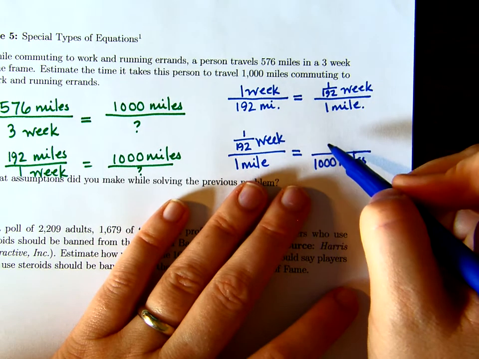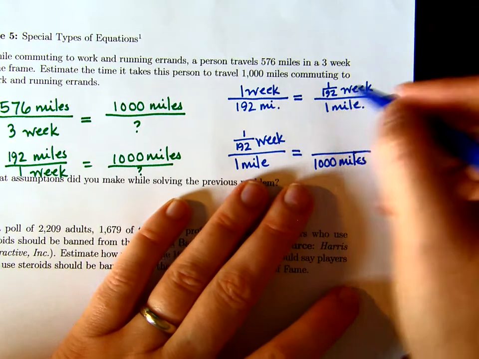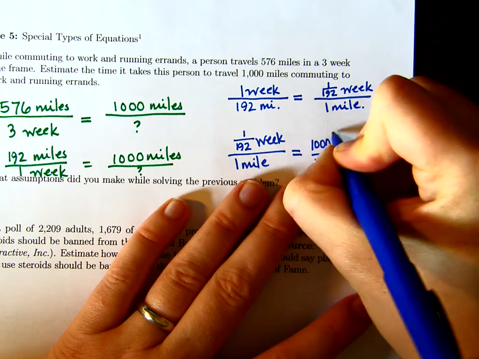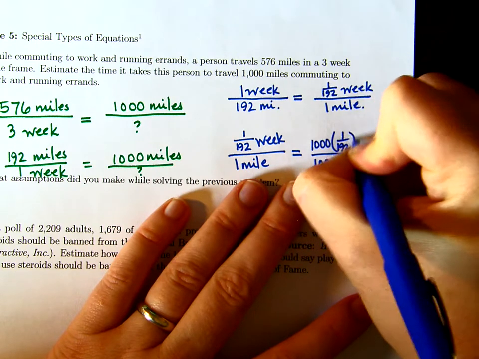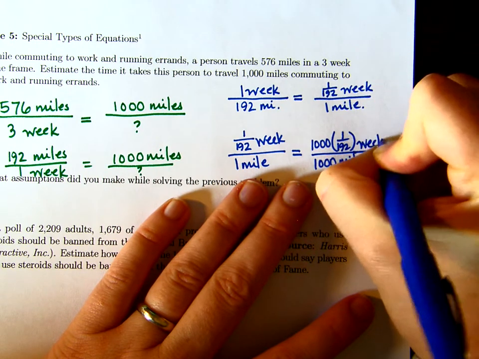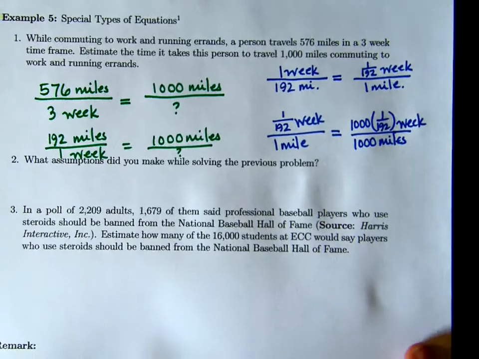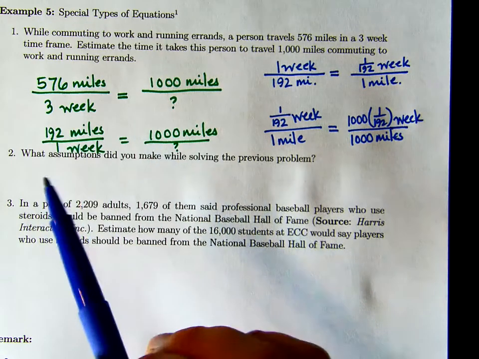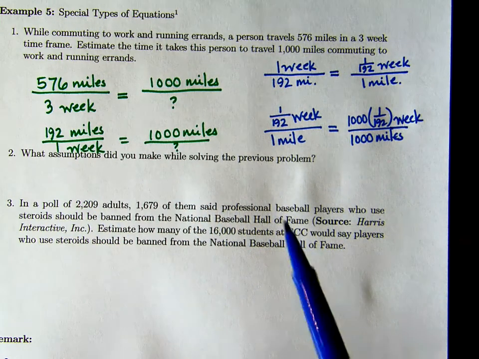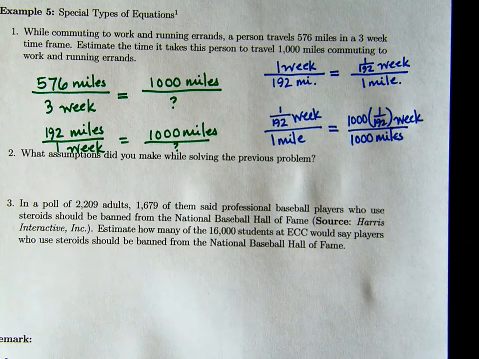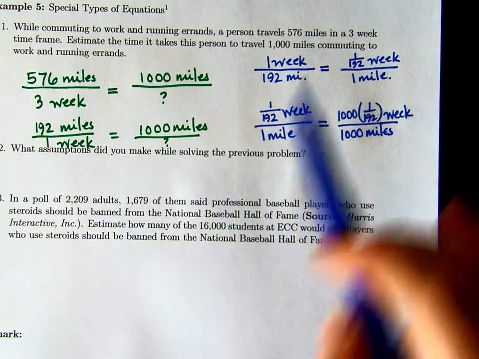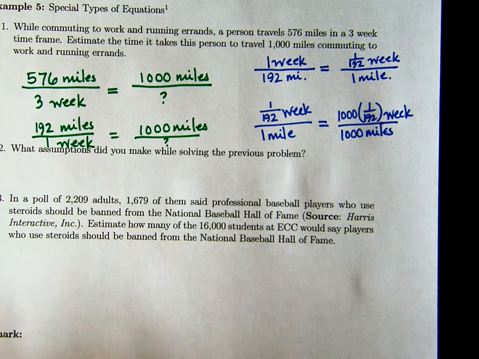So scale this up by 1,000, and if you multiply this by 1,000, and I can just actually write that. Right? So when they were doing this problem, they said, well, first scale it down by 3, then scale it down by 192, then scale it up by 1,000. And I was like, what? How did you make all of those decisions? And ultimately, they ended up walking me through this process, okay, that you're seeing before you.